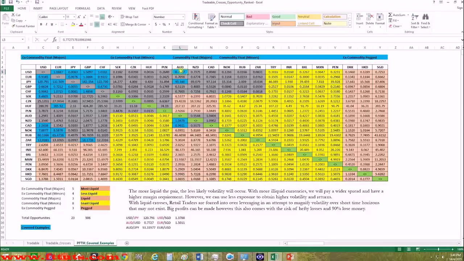We multiplied them together to get the Aussie dollar yen rate because the currency that remained became the numerator and the denominator, and that's a multiplication situation. That gave us the Aussie dollar yen rate. And if we check, we look at the Aussie dollar at the top here, and scroll down to Aussie dollar yen, and we'll see that we're actually correct.